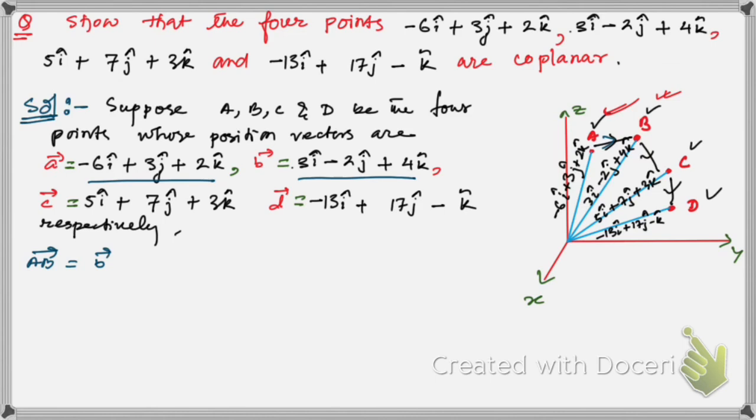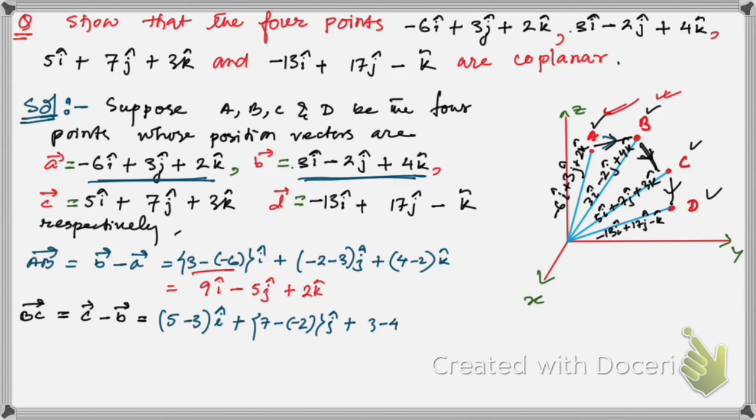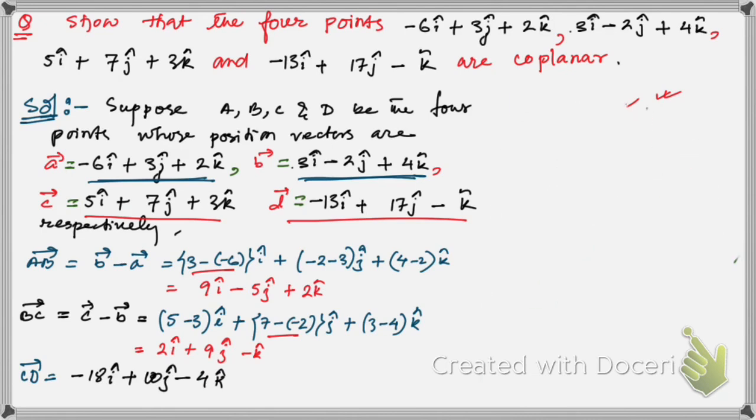So b minus a gives this vector. Similarly, let's find BC: C vector minus B vector, and you are going to get this result. Then CD, D minus C, and you are going to get this result. Hope you know how to find these.